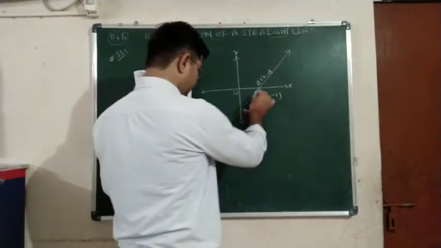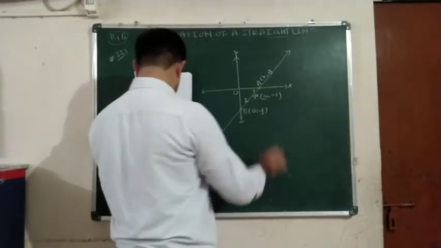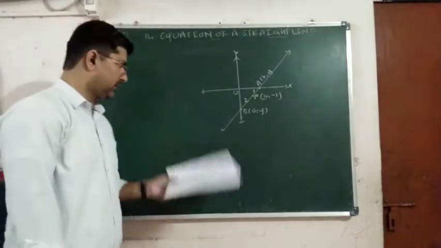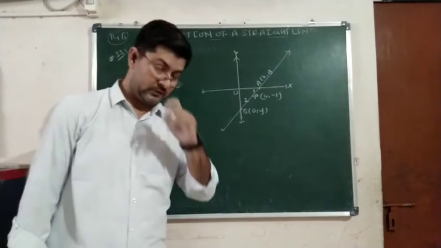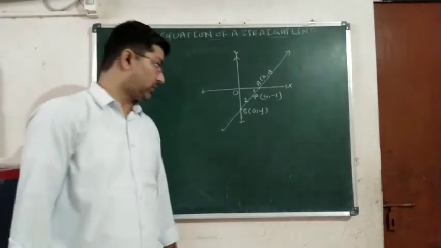This divides AB in the ratio 1:2. We have to find the coordinates of A and B. Now it is a very easy question. Yes or no, we have to use the section formula.